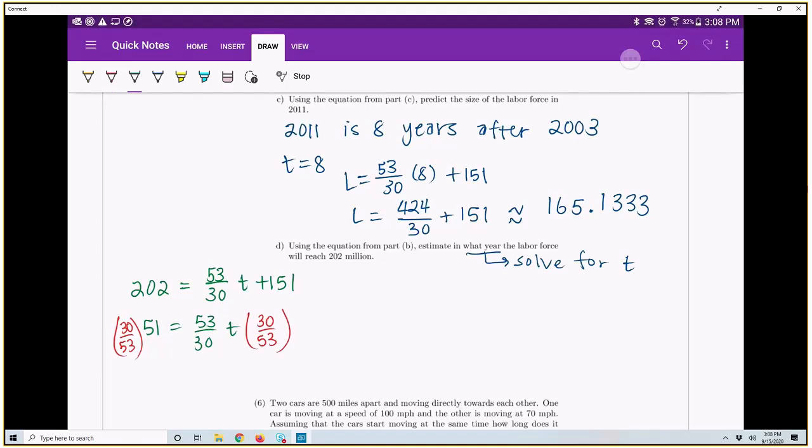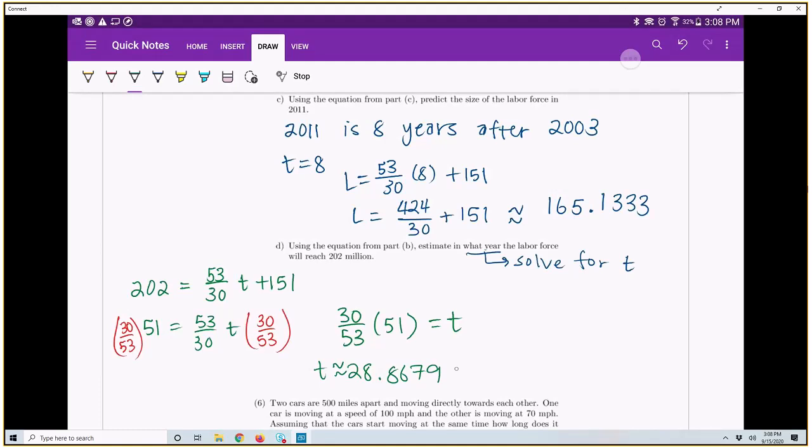So I get 30 over 53 times 51. That will be my T. And as usual, I can simplify that using a calculator. And it's going to give me T is approximately 28.8679.